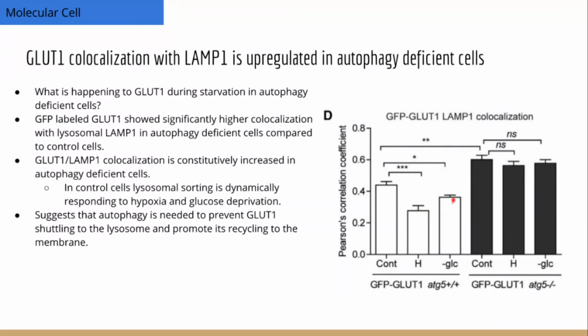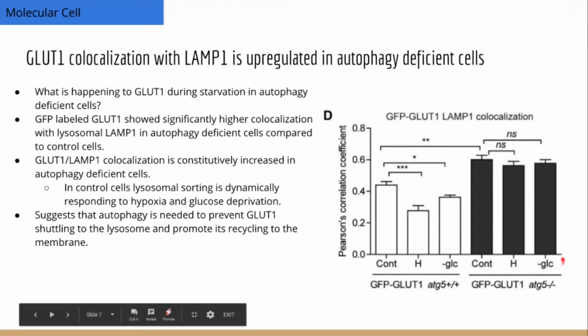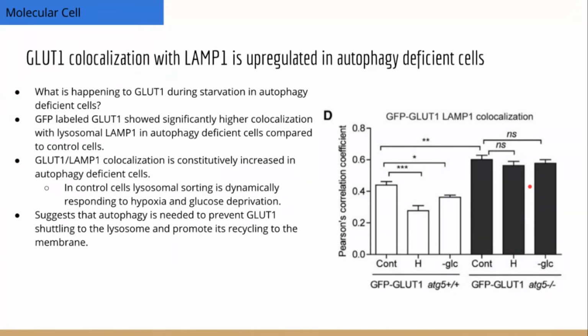They downregulate the degradation of GLUT1 so they can move it to the cell surface. Autophagy deficient cells, they didn't get that memo because they continue to degrade GLUT1 even when they need to import glucose because they're being starved of oxygen or starved of glucose. So this suggests that autophagy is needed to prevent GLUT1 shuttling to the lysosome and to promote its recycling to the membrane. Now, we know what's happening to GLUT1, it's being degraded, but we don't understand why. So that's what the researchers look at next.